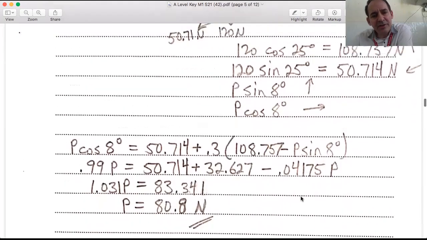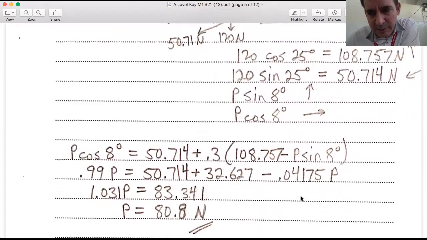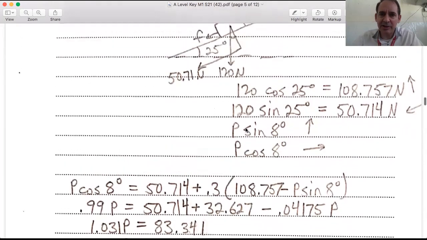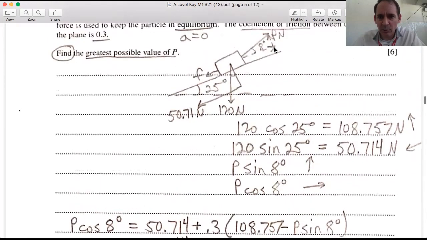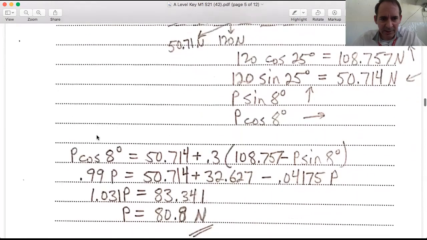So let's put all this together. Remember, it's in equilibrium, so all of your forces that are going up the slope are equal to the forces going down the slope. There's only one force going up the slope, that's P cosine 8 degrees. Then that is going to be equal to all the forces going down the slope.